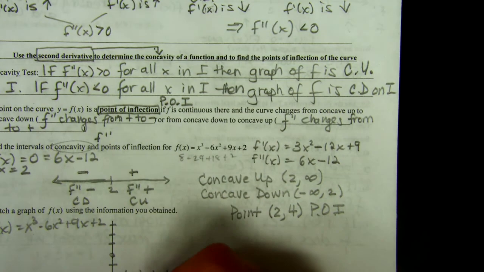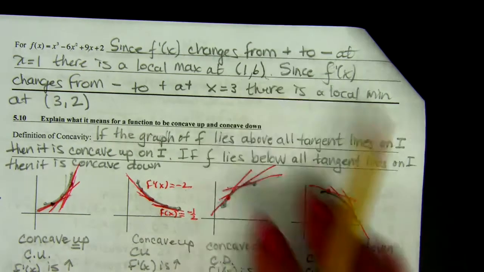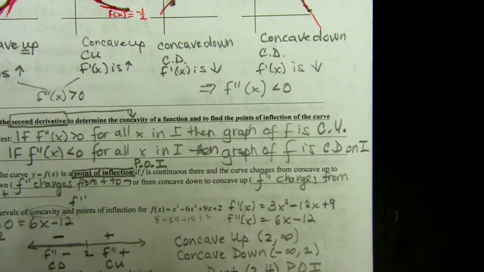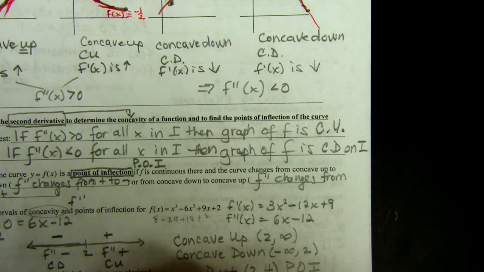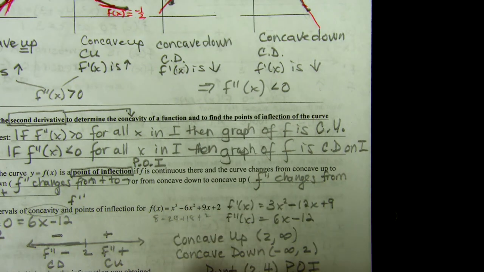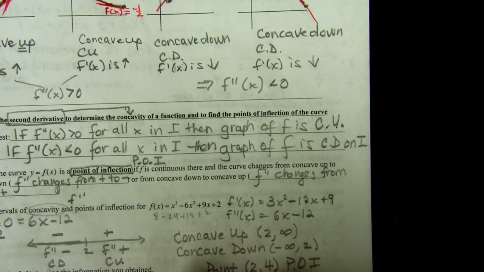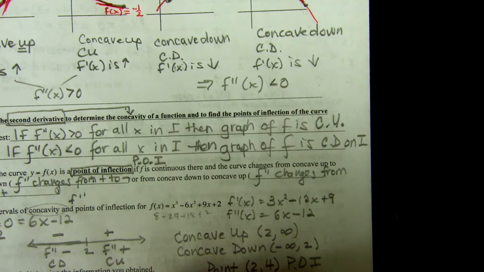I know at 1, I have a local maximum at the point 1, 6. And I know that it is increasing from negative infinity to 1.